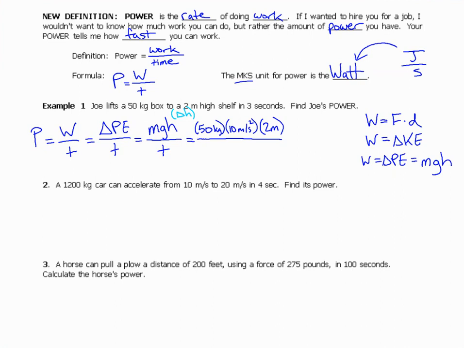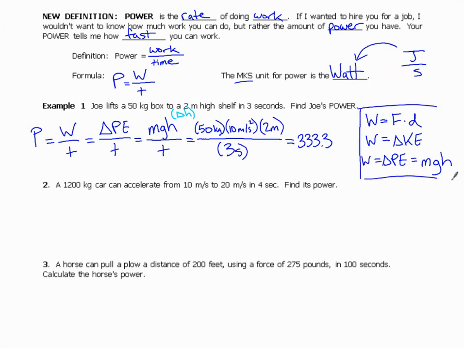All of this divided by time, which is 3 seconds. We've got 50, 500, 1,000 divided by 3, 333.3, repeating.